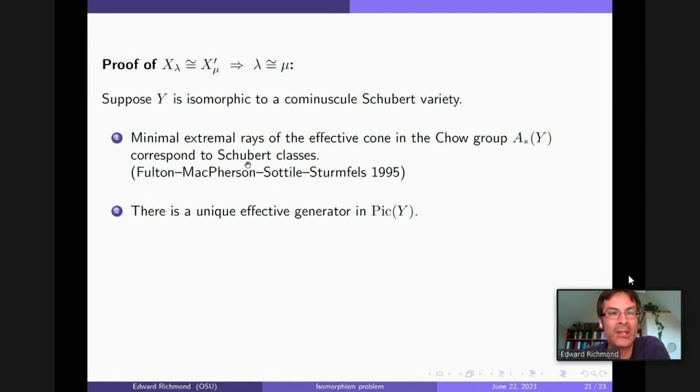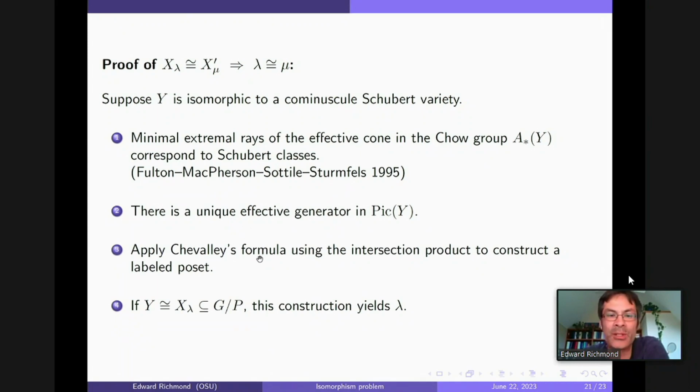But basically, let's suppose you have an algebraic isomorphism. We start off with the same foundational result that the minimal extremal rays of the effective cone are the Schubert classes in the Chow group. There's a unique effective generator. So we're going to suppose Y is isomorphic to some co-minuscule Schubert variety. And then we're just going to apply Chevalley's formula very carefully.